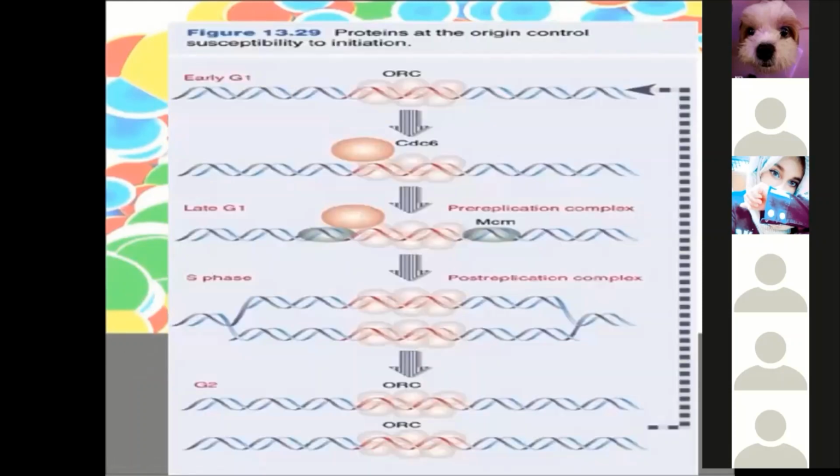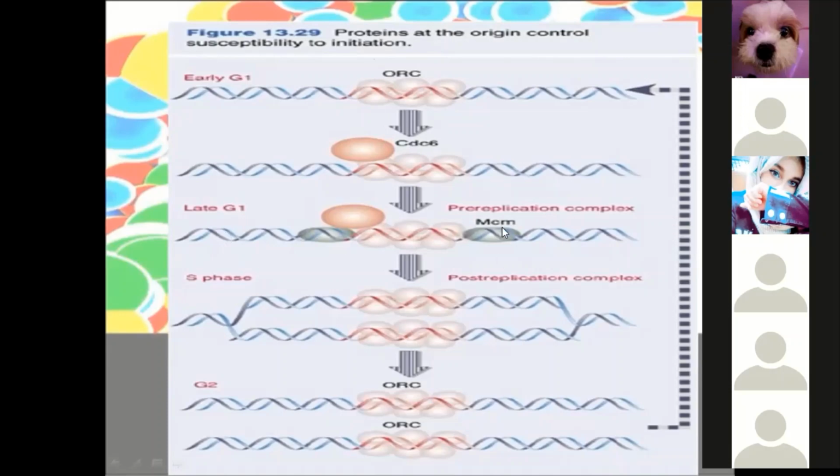See, these proteins at the origin control susceptibility to initiation. During early G1, this is the origin of replication, with the origin recognition complex, and some things are already there. CDC6 comes during G1 phase only and makes a pre-replication complex.